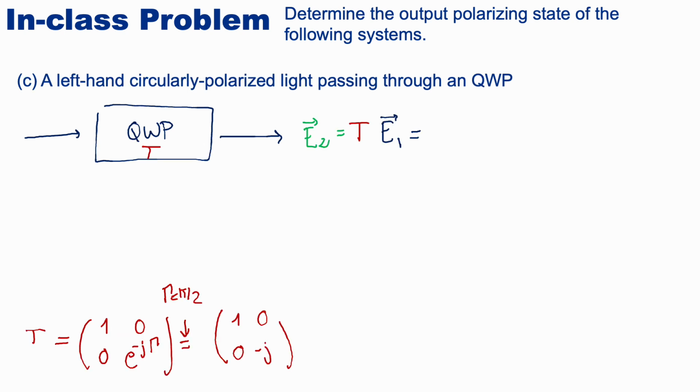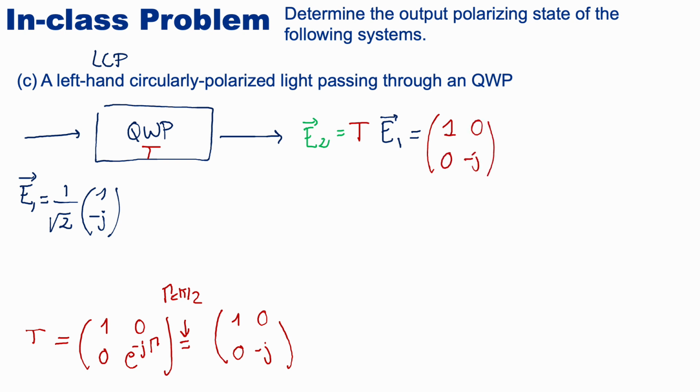Alright, so the third short problem is that we have left hand circular polarized light. If you go a couple of slides back, you're going to see that the left hand is 1 over square root of 2 times 1 minus j, and now it's going to our quarter wave plate. The Jones matrix is 1 0 0 minus j, and our input is left hand circular polarized light 1 minus j.